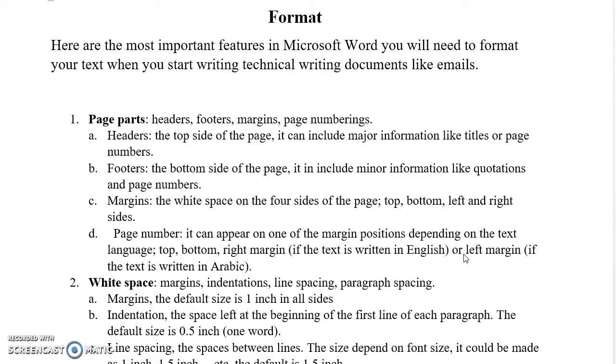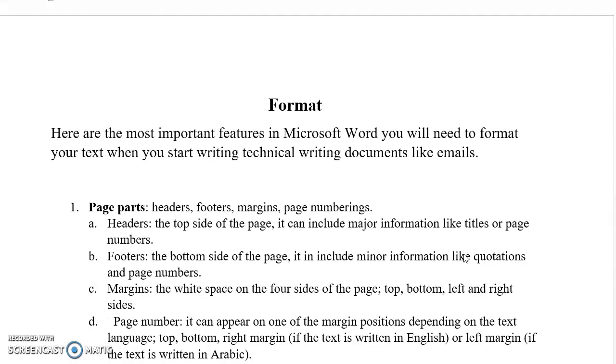So it could be titles, or sometimes people, especially in formal documents, include here on the left side something important like the date of the document or the number of the document, like in government documents.